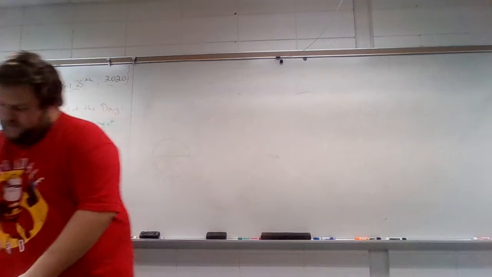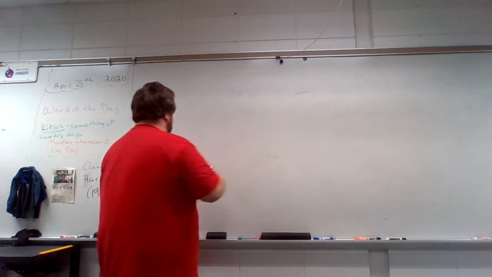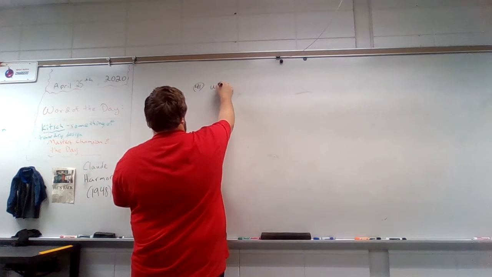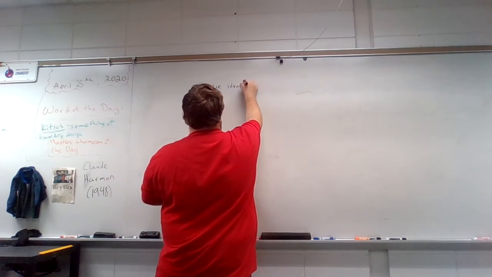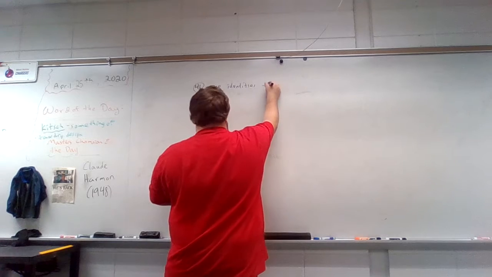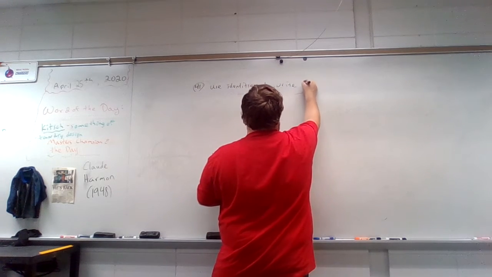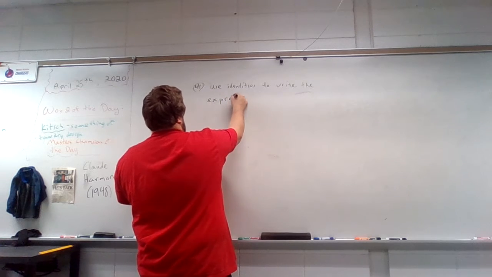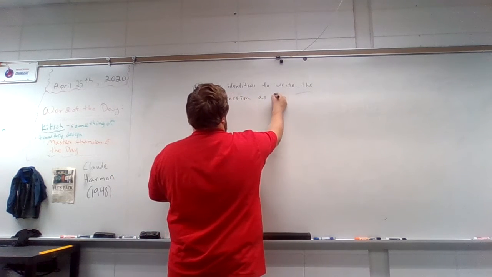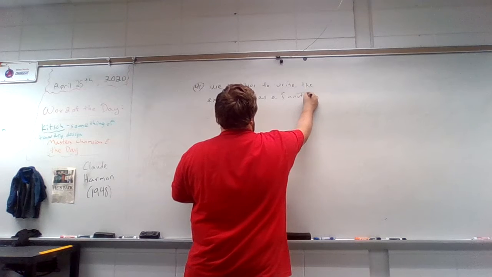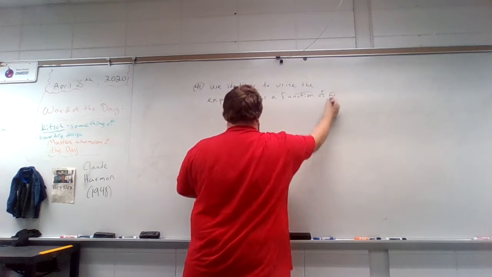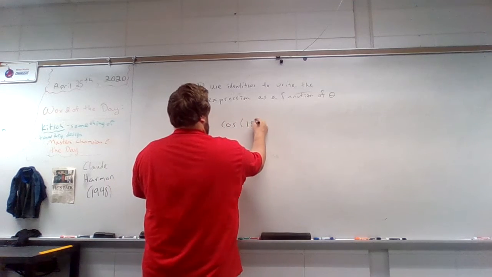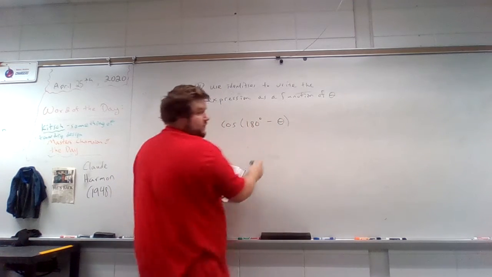And this one says use identities to write the expression as a function of theta. And our expression is cosine of 180 degrees minus theta.